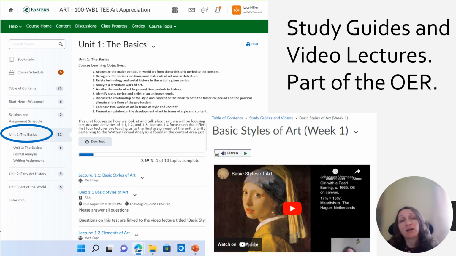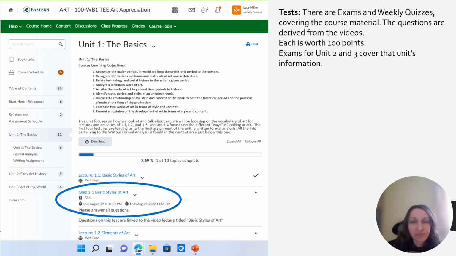They tell you exactly what information you need to know for the discussions, for all of the test questions, all that kind of stuff. They're always going to be found in the corresponding section. So Unit 1, Lecture 1, it's right here. The quiz for it is right underneath of it. How convenient, right?